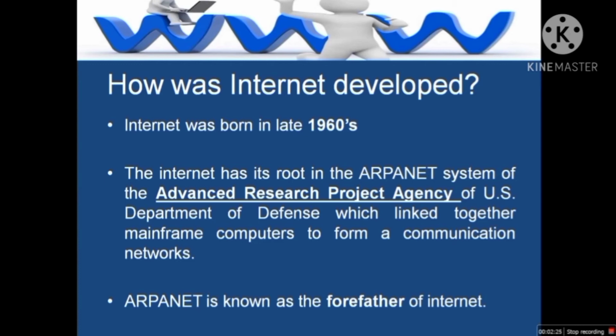No one owns the internet, but the US Defense, that is ARPA, worked on a telecommunication system, and under the designing of that system the net called ARPANET was designed. Earlier it was known as ARPANET, the Advanced Research Project Agency network, and later it became known as the internet.